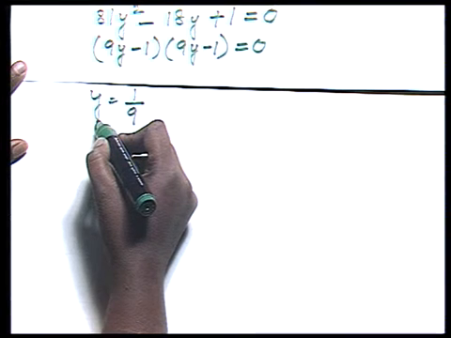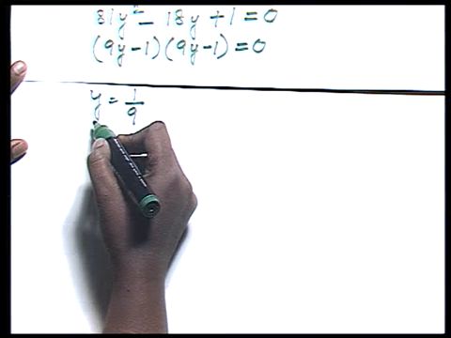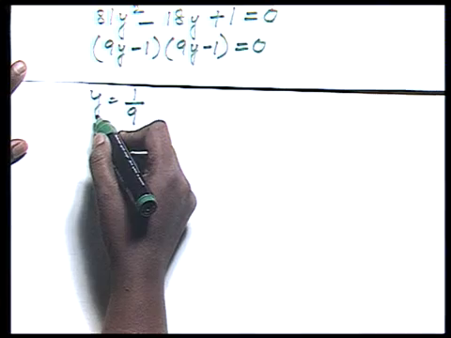But again we want the solution in terms of x because the equation given to us was in terms of x. So what do we do? We replace this y by its original term, that is 3 raised to the power of x.